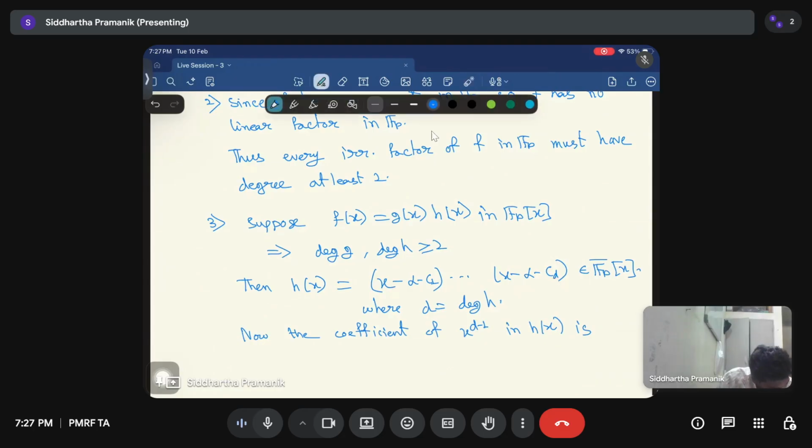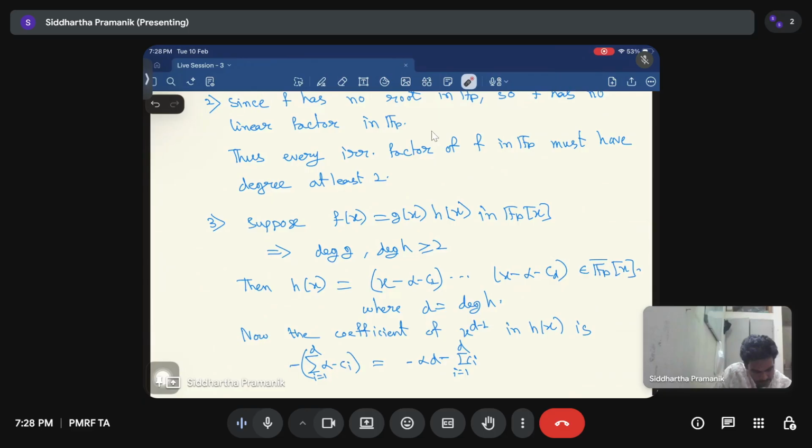Observe that it is basically minus the summation of alpha minus ci, where i is from 1 to d. So this is basically minus alpha d minus summation ci, i from 1 to d.